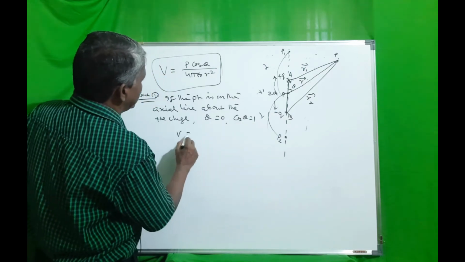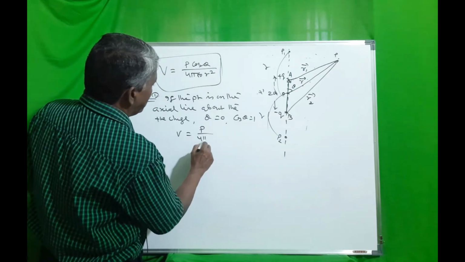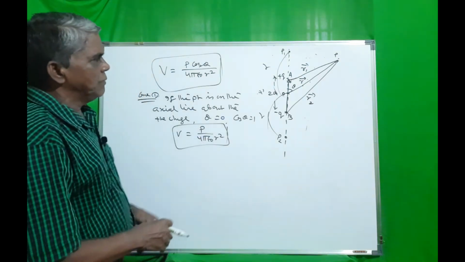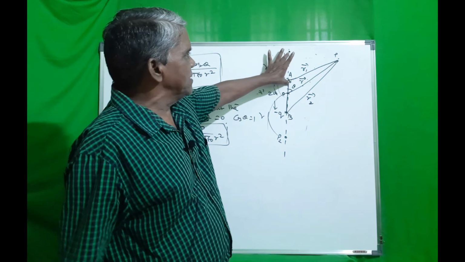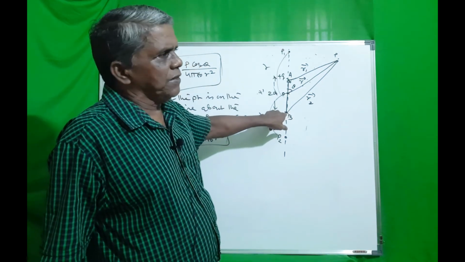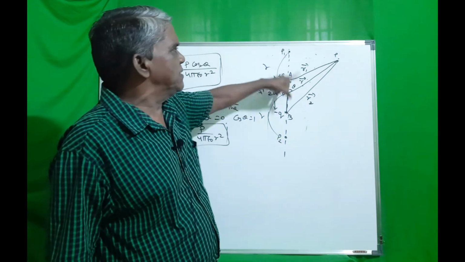So V is equal to P by 4 pi epsilon 0 r square. Because due to positive charge, potential is more positive, and due to negative charge, potential is less negative, so the difference is positive.